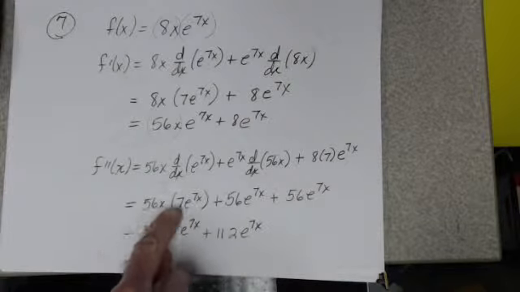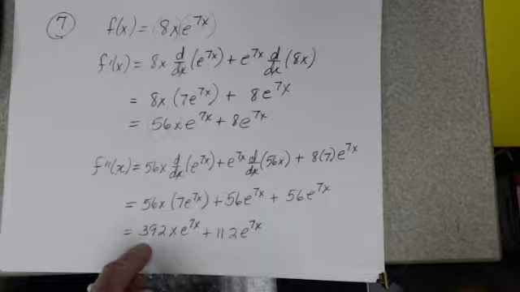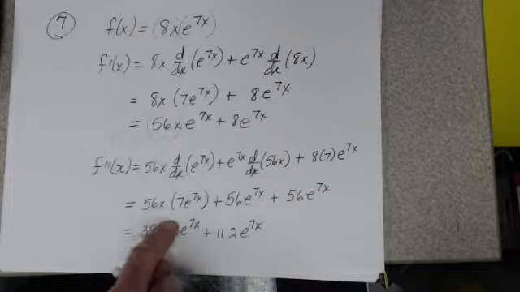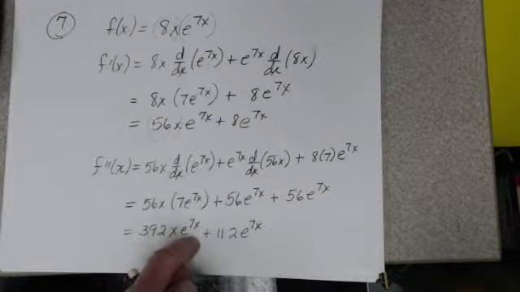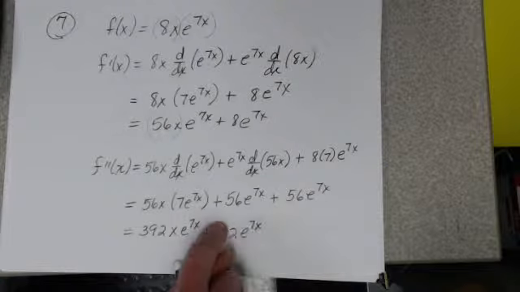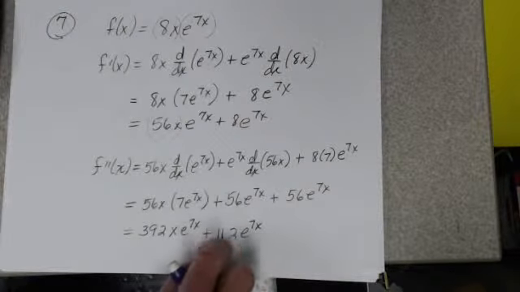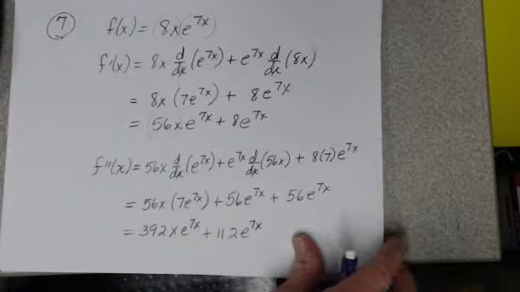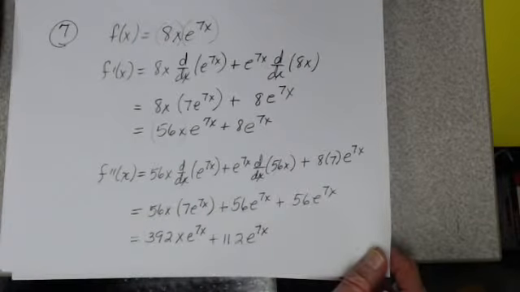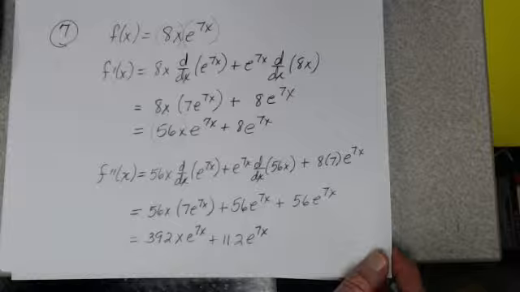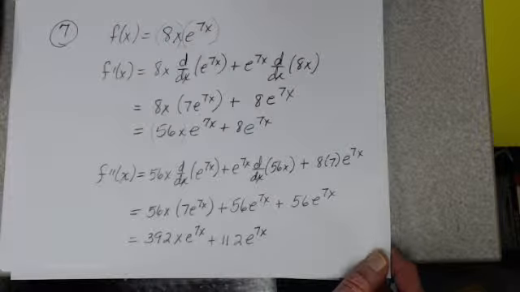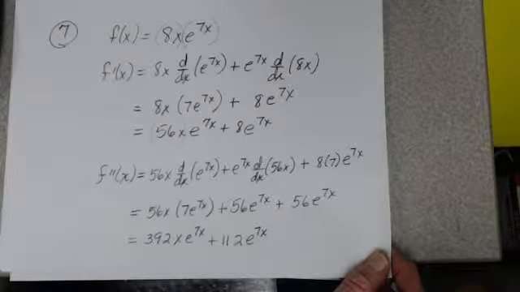Now I'm going to multiply 7 times 56, which is 392. So 392x e to the 7x, and then adding together 56 plus 56 e to the 7x, 112 e to the 7x. So that is the answer to the first part. That's what I got for the first part of question of the day, problem 7.